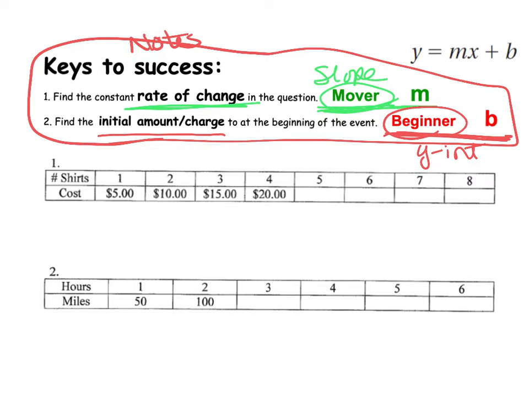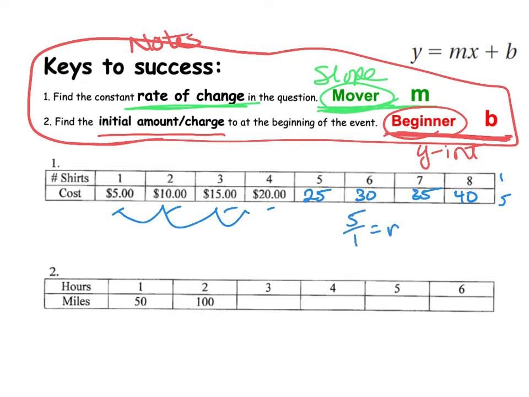So let's take a look at the tables down below. If I buy shirts that cost $5 each, the shirts are going to go up by 1. The cost is going to go up by $5. 5, 10, 15, 20. This would be 25, 30, 35, 40. How it changes over time, this changes by 1, this changes by 5.